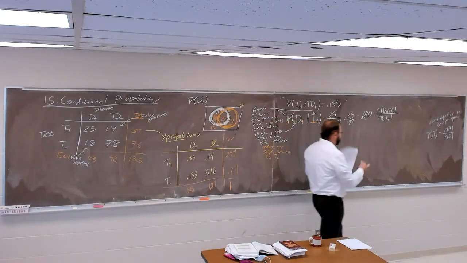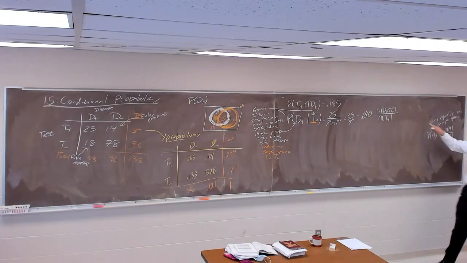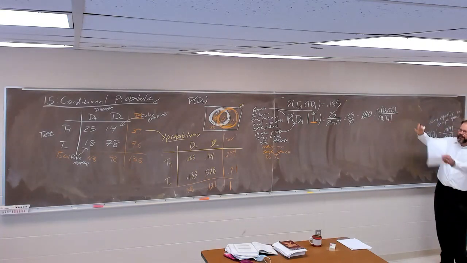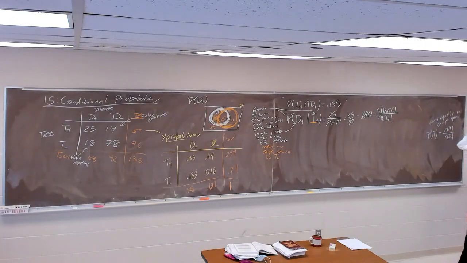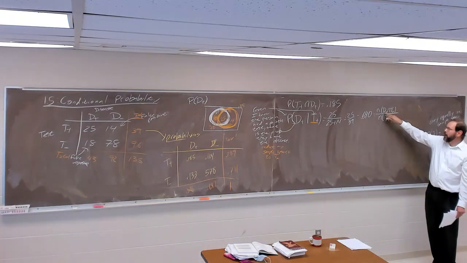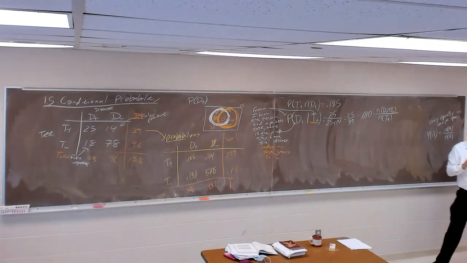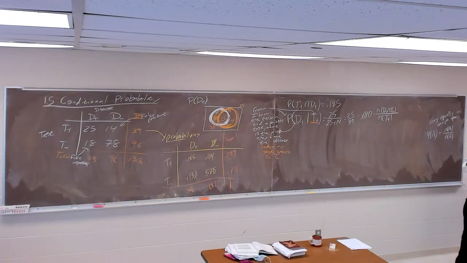Then I've reduced my sample space. I'm no longer looking at the entire sample space, but I've restricted it down to just the T plus, everything inside of that one circle. And so now I'm not interested in just D plus in general, but only those D pluses that are inside of that circle. And so I could calculate it that way.